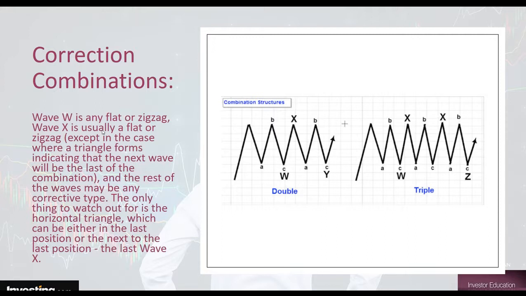Wave X is usually a flat or zigzag, except in the case where a triangle is formed. Okay, so X in this case is this level. Y in this case is this level. And this is W. Okay. And then you have a correction combination when Y and X are flat.